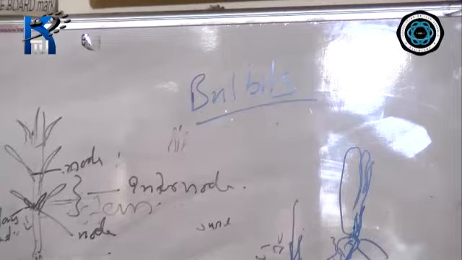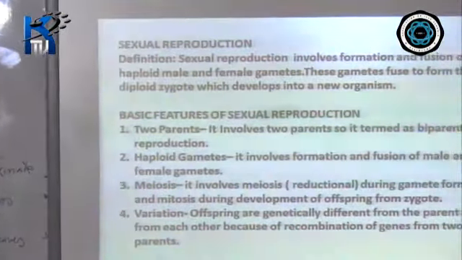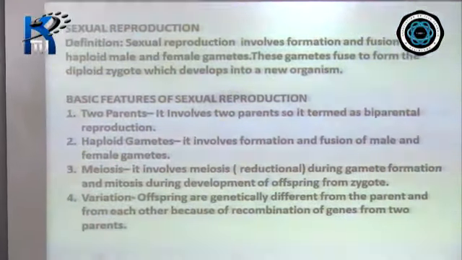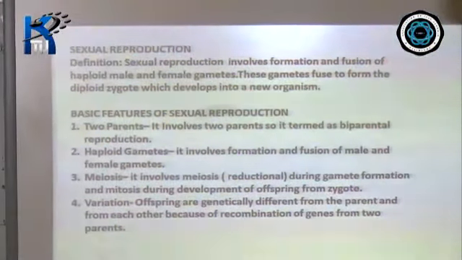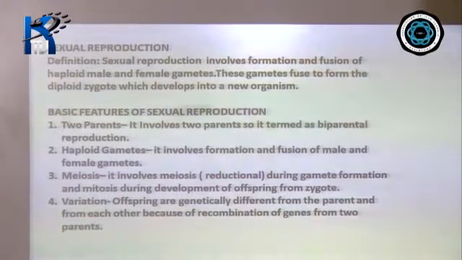Now let's come to the next part, that is sexual reproduction. We have already finished asexual reproduction, vegetative reproduction. What do you mean by sexual reproduction?